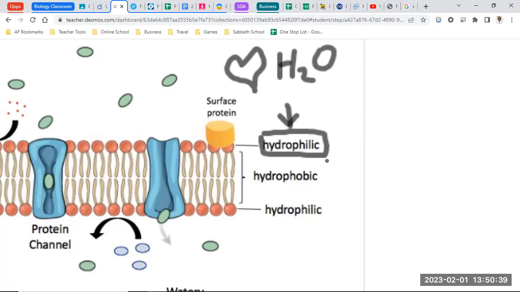And then hydrophobic, like if you have a phobia of water, some people who don't like to take showers are hydrophobic. Hopefully none of you are that way.